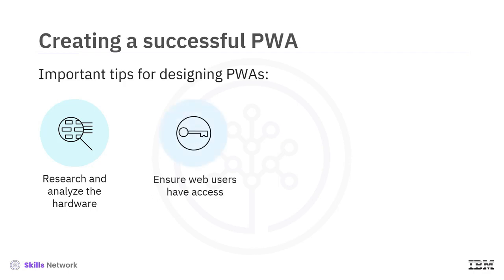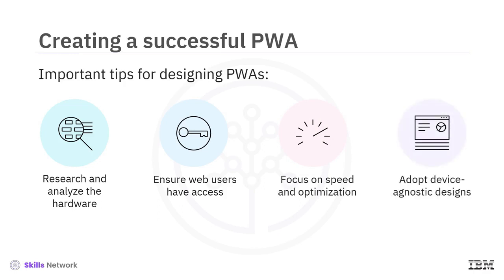The second tip is to ensure web users have access to key components of the web application offline. The third tip is to focus on speed and optimization across all devices to provide users trust in their web page connection. Finally, adopt device-agnostic designs so that online web users can access the same information regardless of device type or operating system.